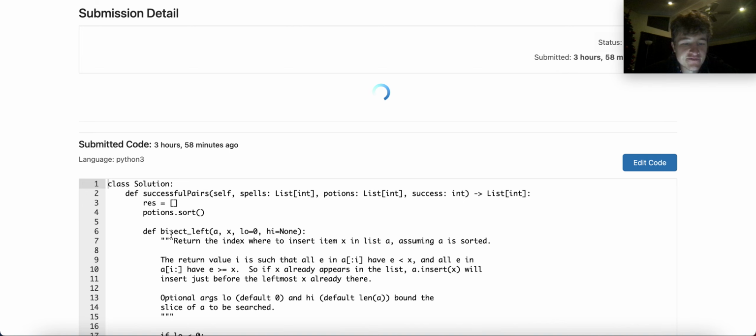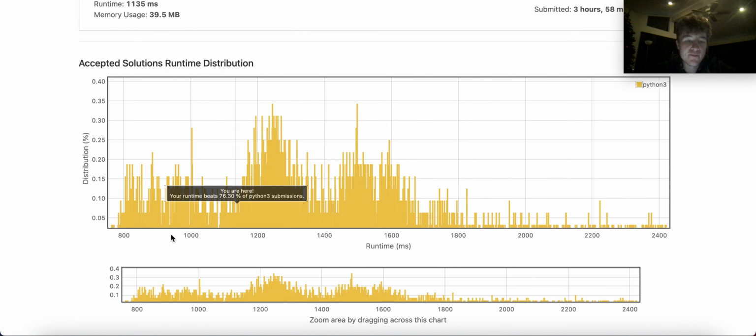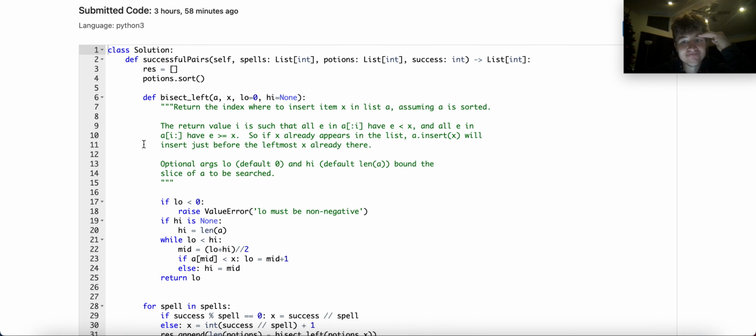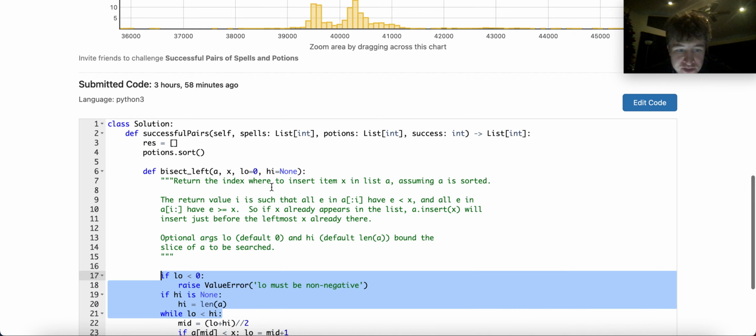So here's the bisect left code. I literally just copied this from the internet. This is the actual code from the source bisect left. So basically what it does, okay, these two we're going to ignore. These are just special cases if the information wasn't given correctly.